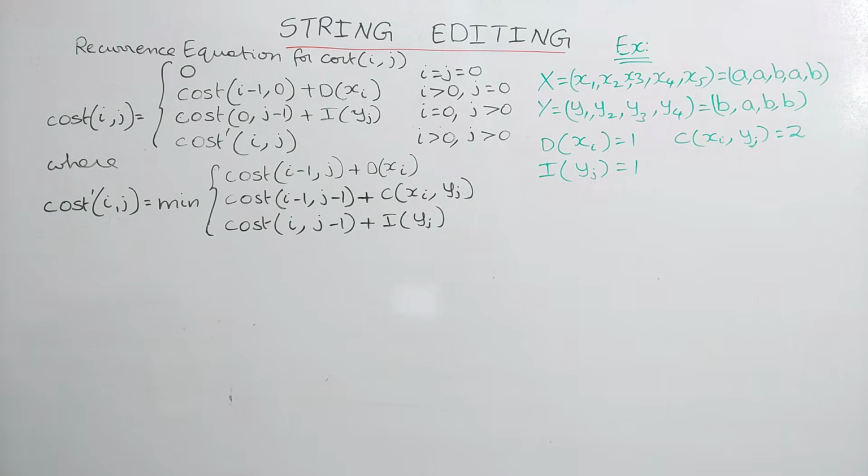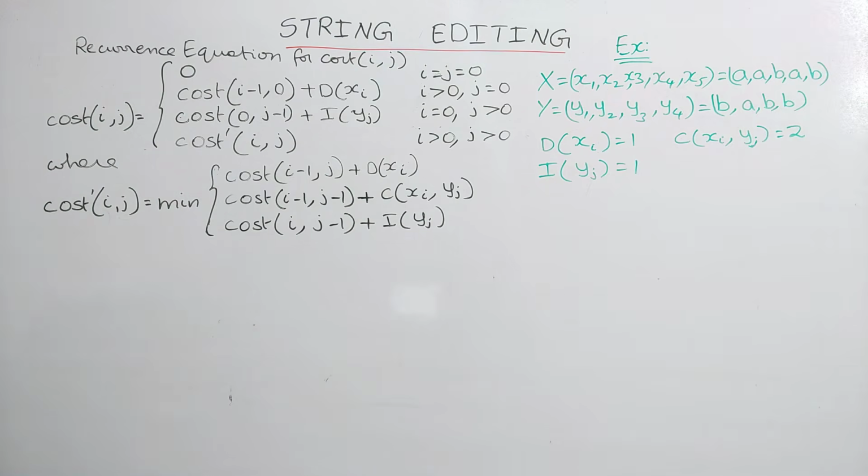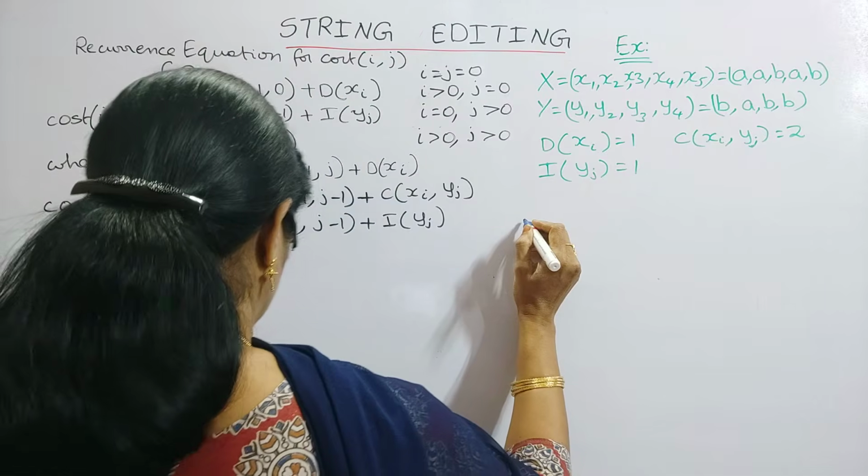So if you want to solve this problem, first of all you have to get the minimum cost edit sequence. For that, you have to take a table and write the table like this.